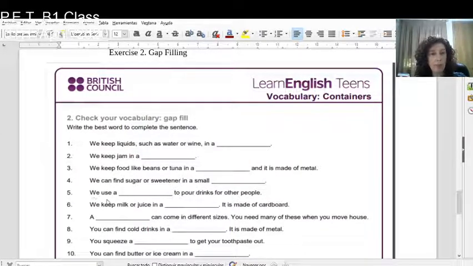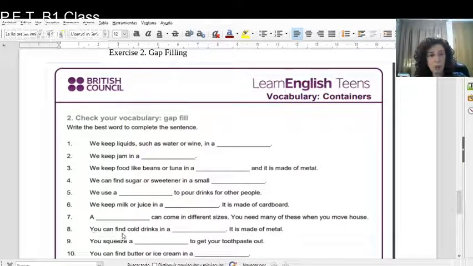5. We use a... to pour drinks for other people. 6. We keep milk or juice in a... It's made of cardboard. 7. I can come in different sizes. You need many of these when you move house. 8.